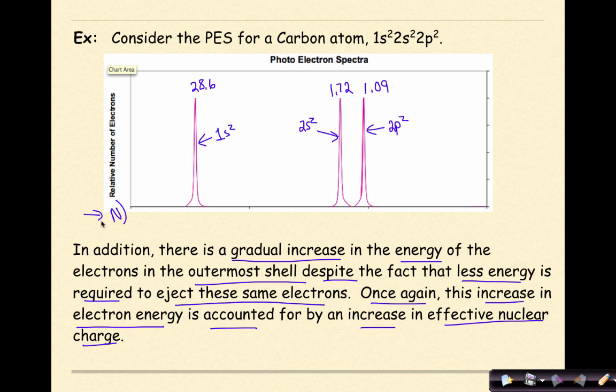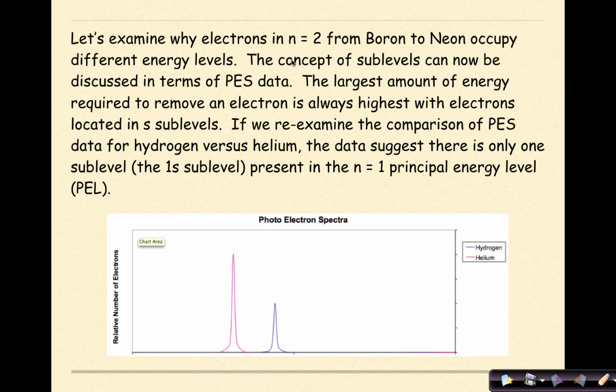overall effective nuclear charge. Let's examine why electrons in the second shell from boron to neon occupy different energy levels. The concept of sublevels can now be discussed in terms of PES data. The largest amount of energy required to remove an electron is always highest with electrons located in the s sublevels.